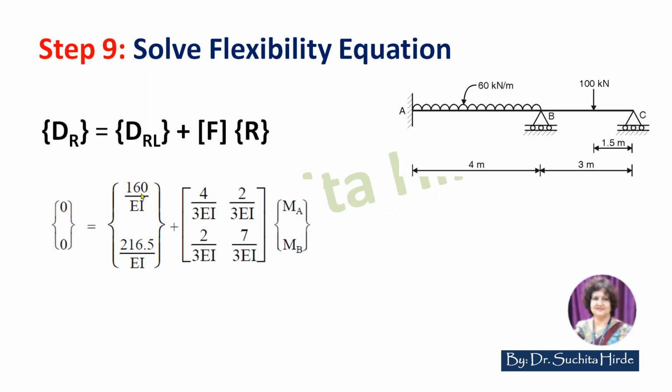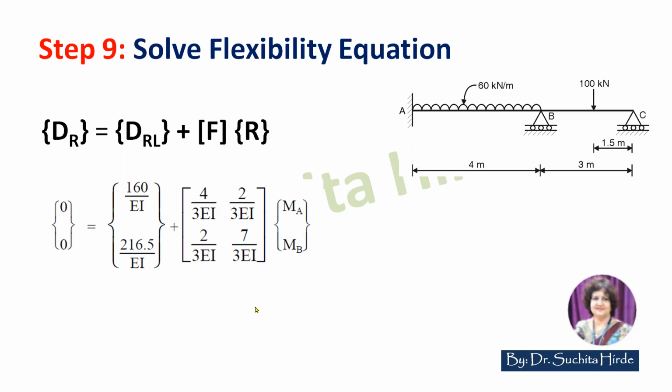If you write the simultaneous equations, they will look like this. 0 is equal to 160 plus 4 by 3 MA plus 2 by 3 MB. This will be the first equation, and the second equation will be 0 is equal to 216.5 plus 2 by 3 MA plus 7 by 3 MB.